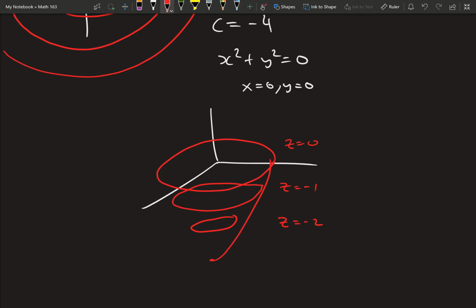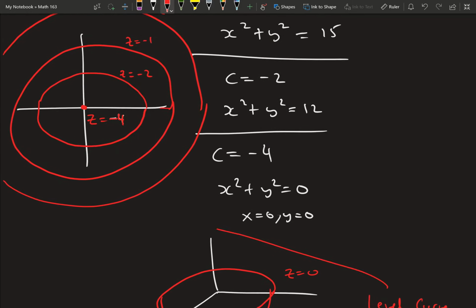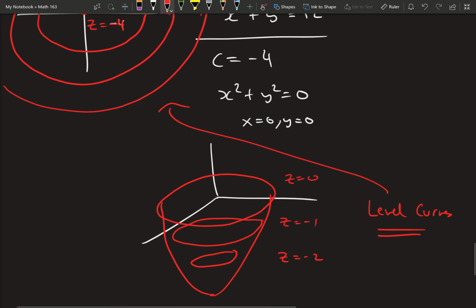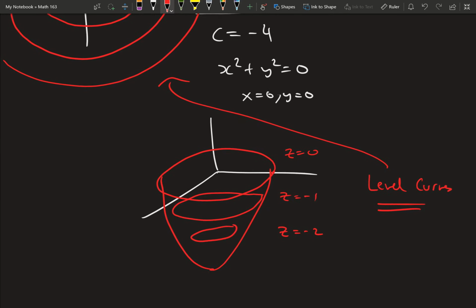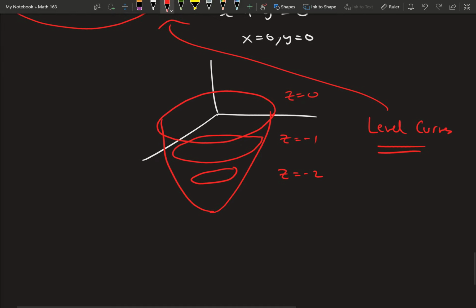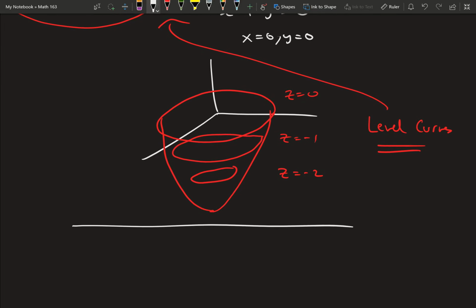It doesn't look much like a sphere, it looks more like a paraboloid, but you get the idea. These are the so-called level curves. We originally draw them in the plane, and then we move them down by their z location into the actual graph.